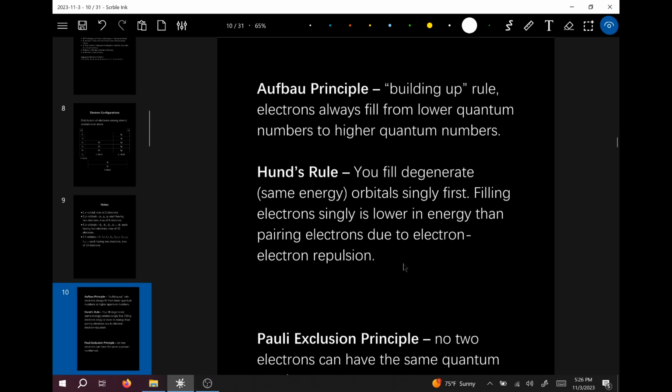Now the rule that explains this to us is called the Aufbau principle. The Aufbau principle, also known as the building up rule, is that electrons always fill from lower quantum numbers to higher quantum numbers. You will never fill an electron from a higher orbital down to the low orbital, right? You always start from the low and then you go to high.